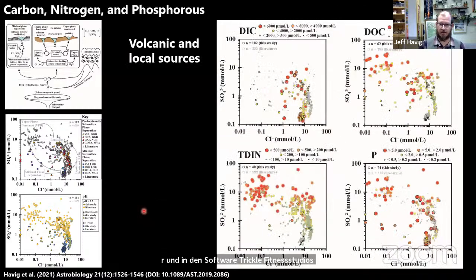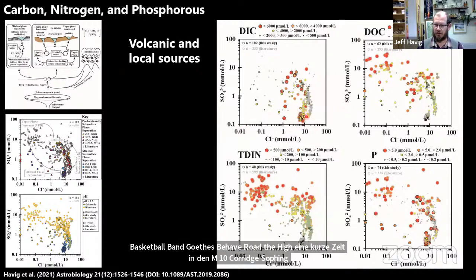So moving on to carbon, nitrogen, and phosphorus. So those terms I mentioned before: dissolved inorganic carbon, the upper left; dissolved organic carbon, upper right; total dissolved inorganic nitrogen in the lower left; and then total dissolved phosphorus in the lower right. And of course, all these are plotted in that same chloride sulfate space.